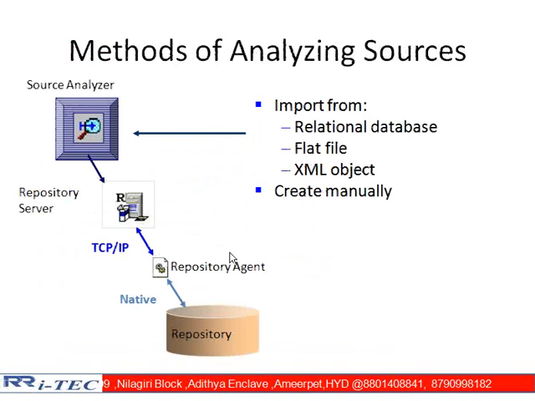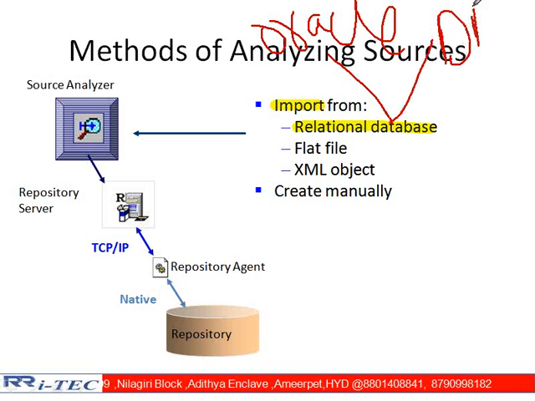Observe this slide. Here I have one option: you can import your source from a relational database. Relational database means what, sir? It may be an Oracle database, a DB2 database, a SQL Server database, or any other.